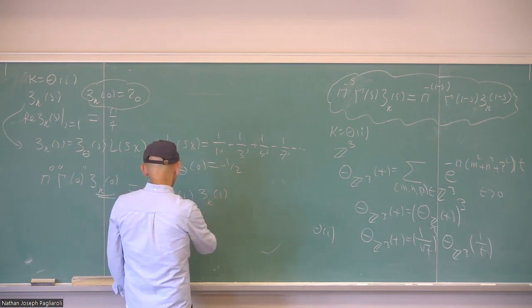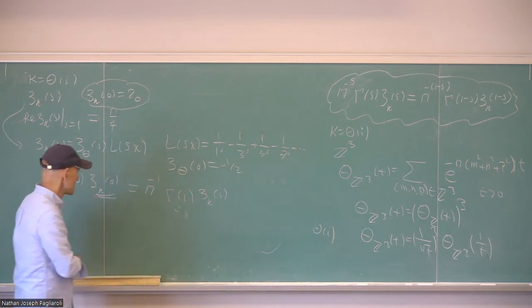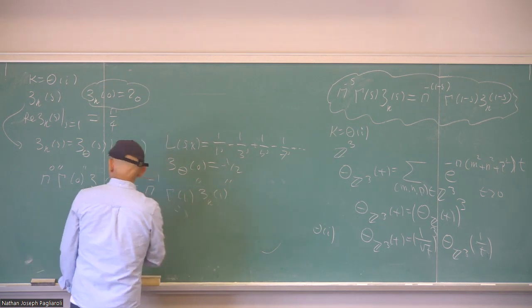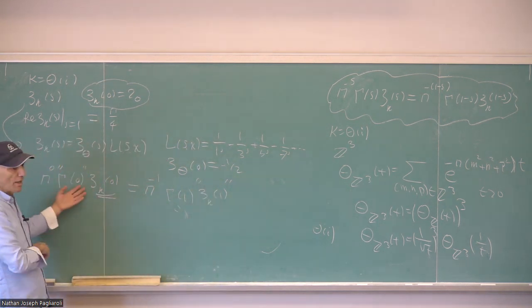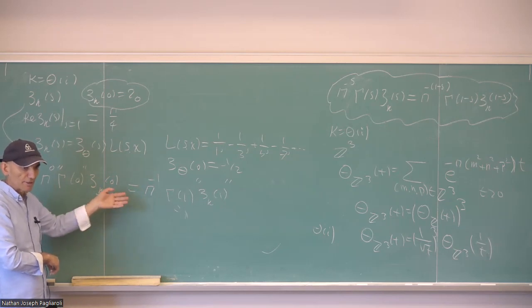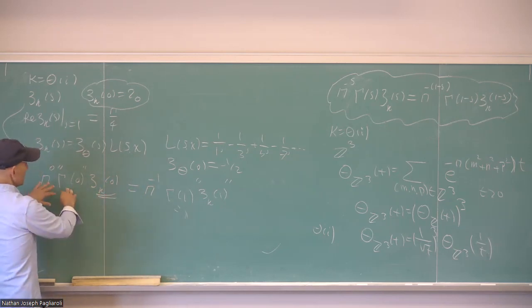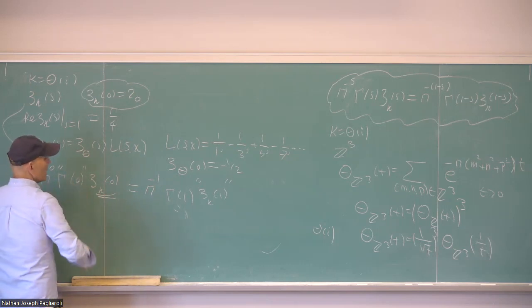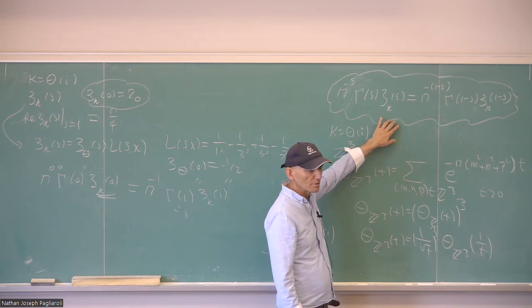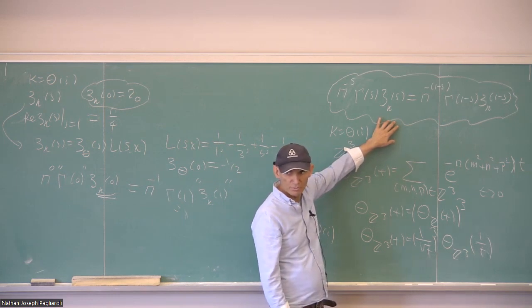And then zeta_K at 1? That's also problematic because there's a residue. So what you have to do is take the residue of both sides at s equal to 0.